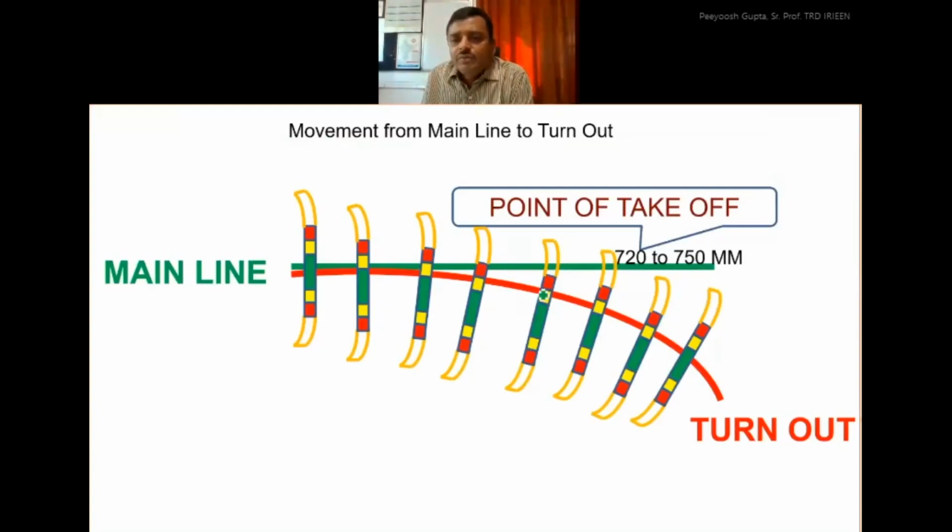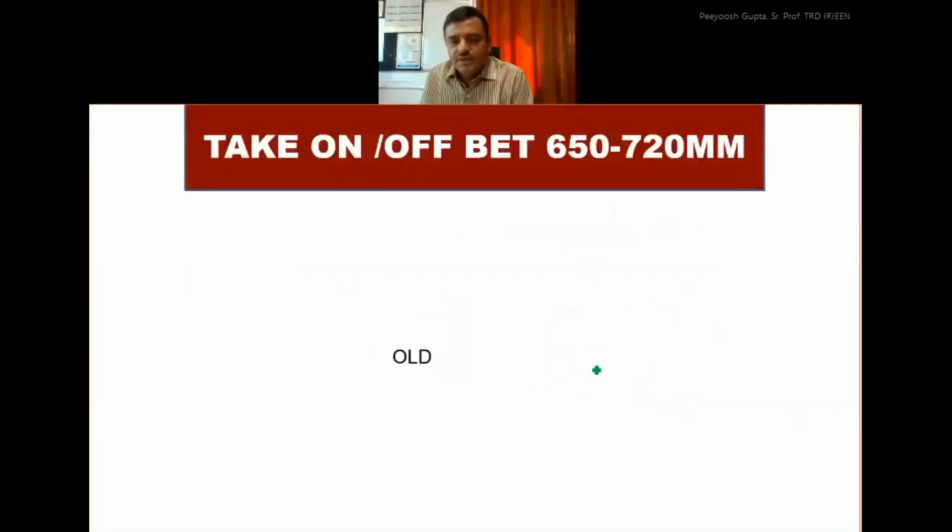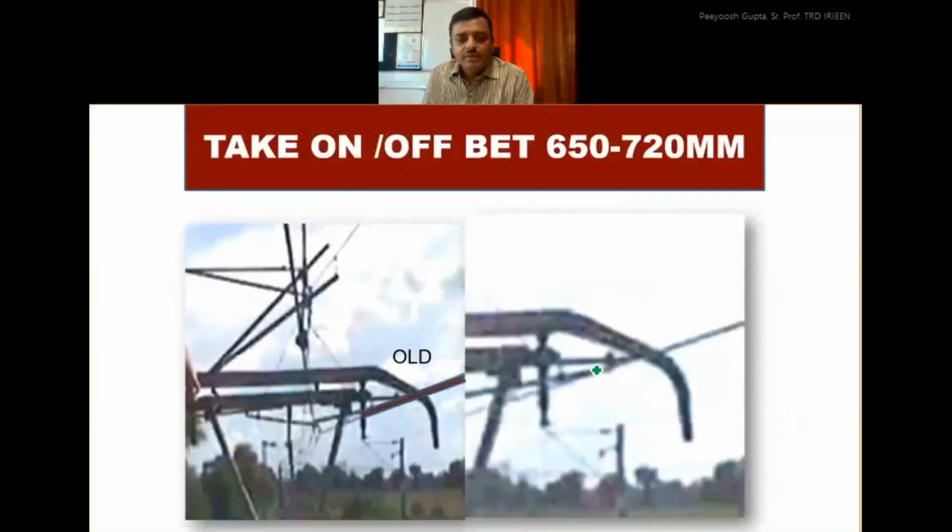Anyway, we know what is point of takeoff and take on, and the new takeoff and take on will be 720 to 750 millimeter. This is shown in the still photography as well. So this is the point of takeoff, and earlier it used to be 650 to 720.